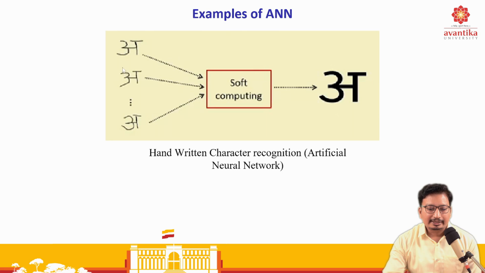As we can see, different people have written the character A in a different manner. The task of the soft computing or artificial neural network is to correctly recognize which letter the user has written. On the basis of the input values, the weight values, the summation unit and the threshold value, it correctly recognizes the A. So this example is of handwritten character recognition using artificial neural networks.